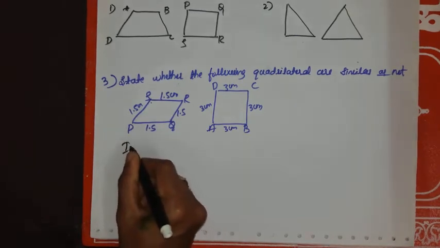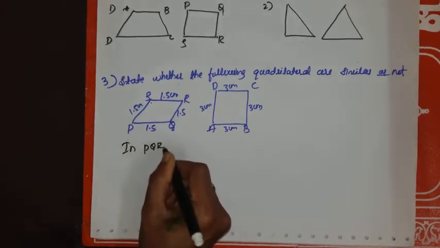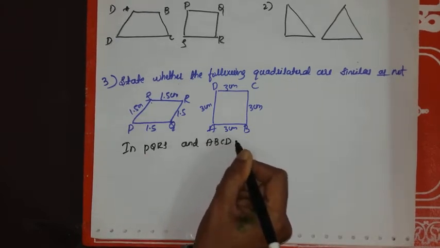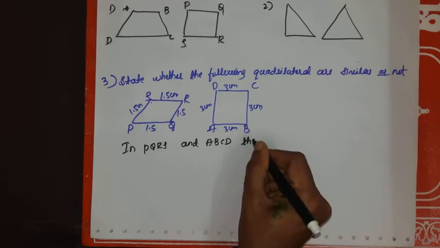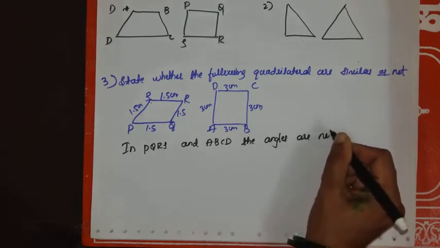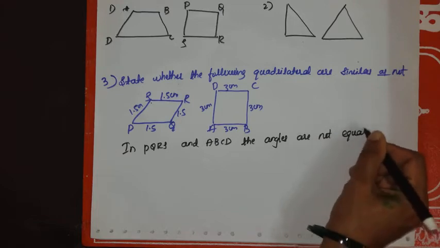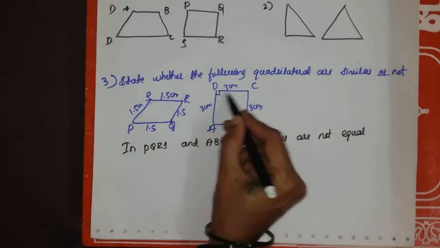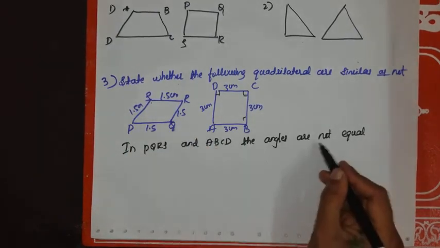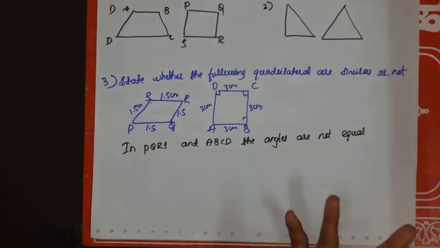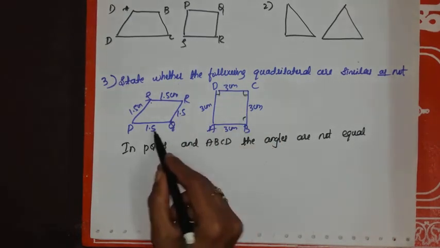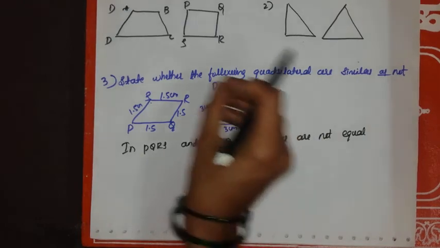In PQRS and ABCD the angles are not equal. Here they are always 90 degrees, but there the angles are very different. So the angles are not equal, which means these are not similar. On considering sides, 1.5 by 3, 1.5 by 3, 1.5 by 3, 1.5 by 3, the sides are in proportion.